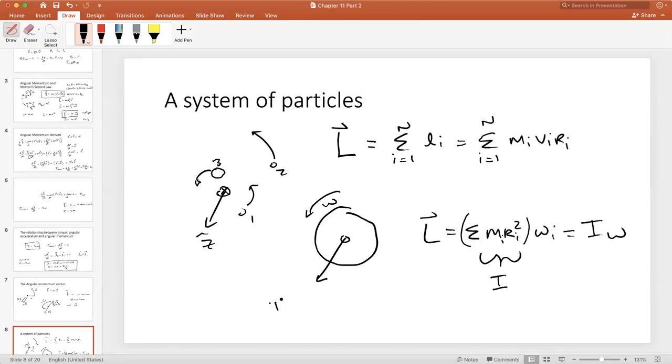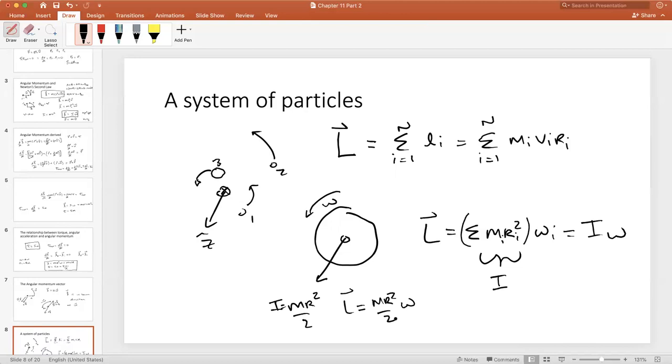For a wheel, I is mr squared over 2, and therefore L of this wheel would be mr squared over 2 times omega. The total mass times the radius squared over 2 times omega. Simple enough.